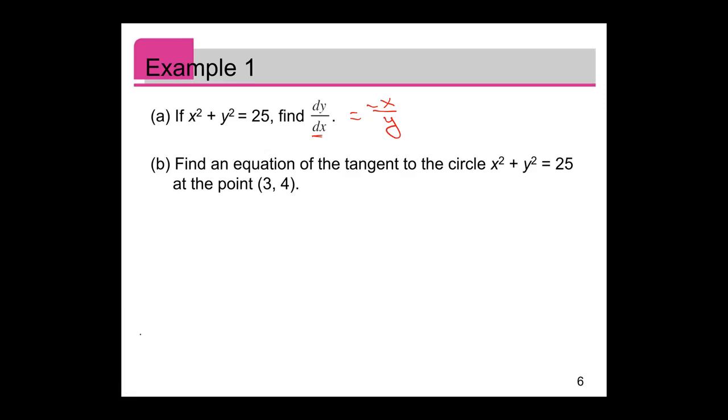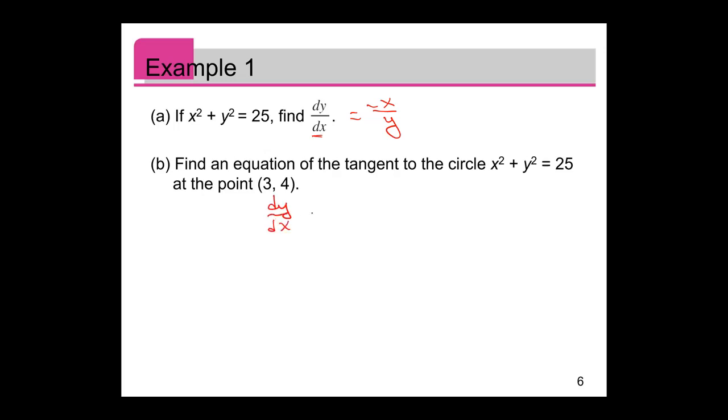All right, so now find an equation of the tangent to the circle, x squared plus y squared equals 25, at the point 3 comma 4. What do I do? You plug in the 3 comma 4 into the negative x over y. And that gives me what? Negative 3 over 4.